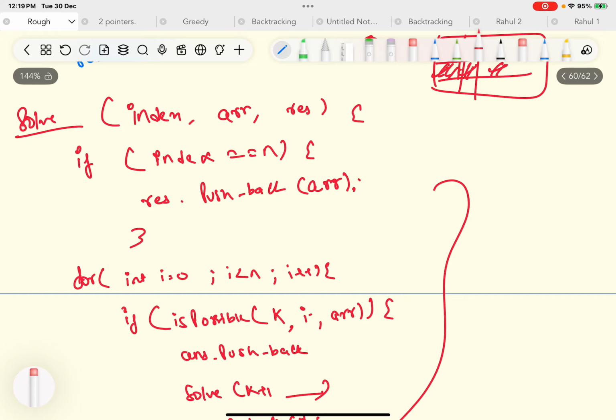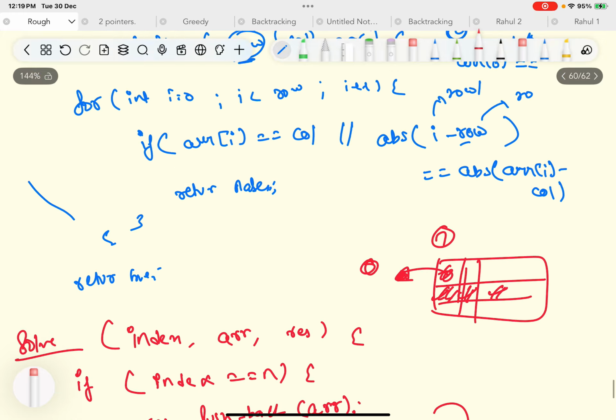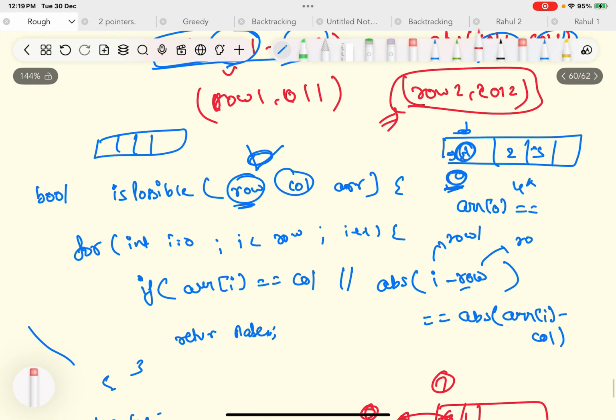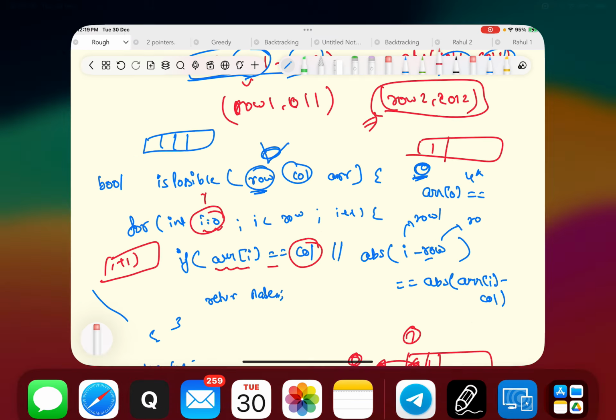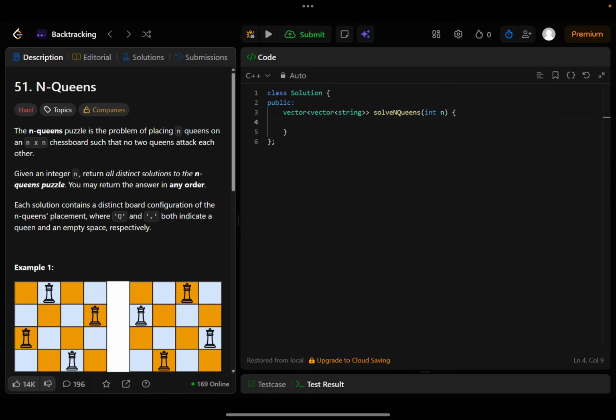Push back i plus 1, but again, will it cause any issue here or not? Let's see. If it is 1, so arr of i is equal to column. Here also we have to make i plus 1, or we can start i from 1. Okay, so let's try to solve and code it.